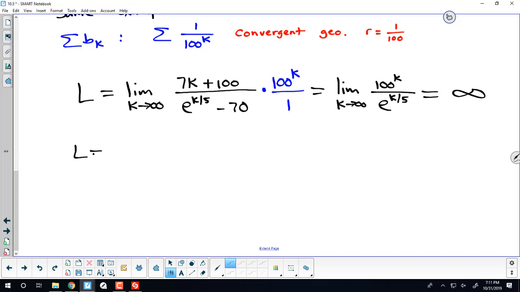So L is infinity, but b sub k does not diverge.